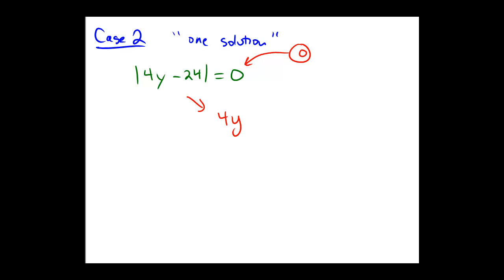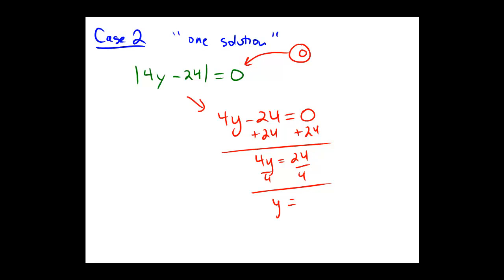So I'm just going to go 4y minus 24 equals 0, and I'm not going to bother writing down 4y minus 24 equals negative 0, because that's the same equation. Now add 24 to both sides. 4y equals 24. Divide by 4 on both sides. y equals 6. Only one solution when you see a 0.